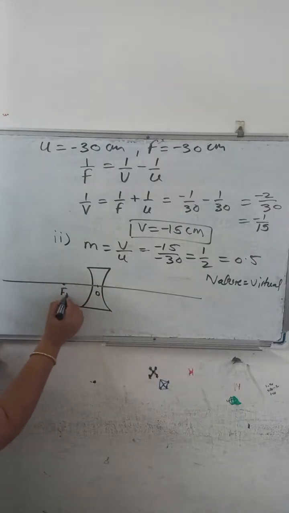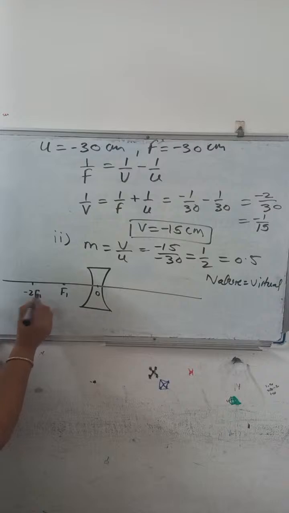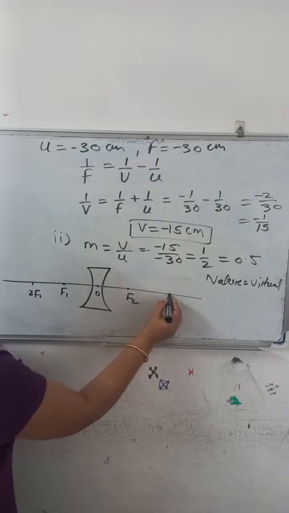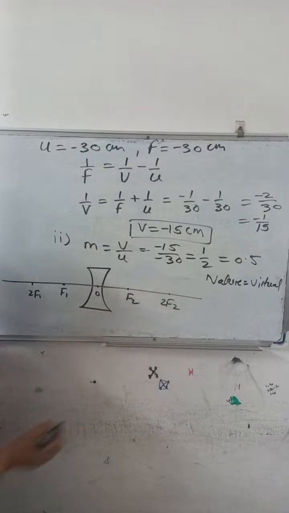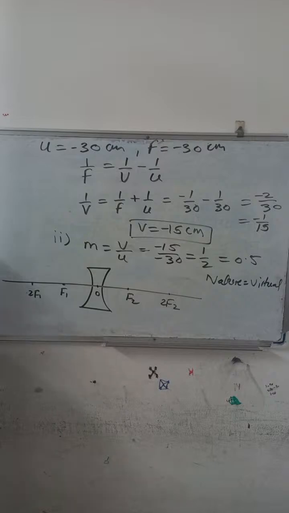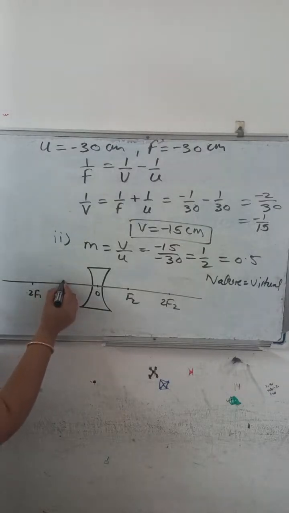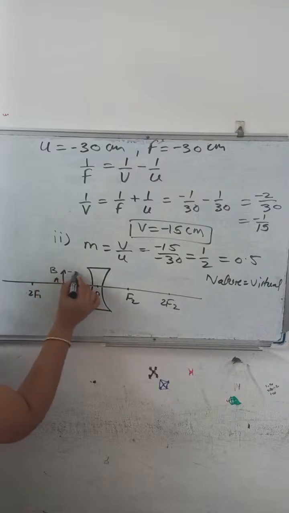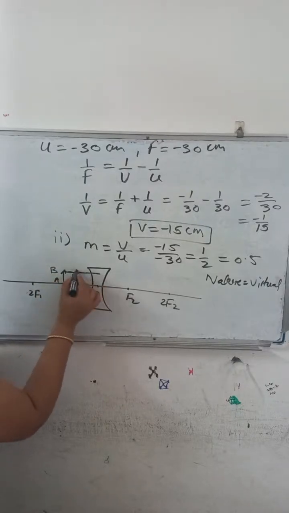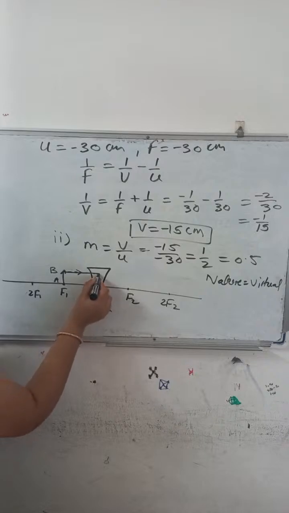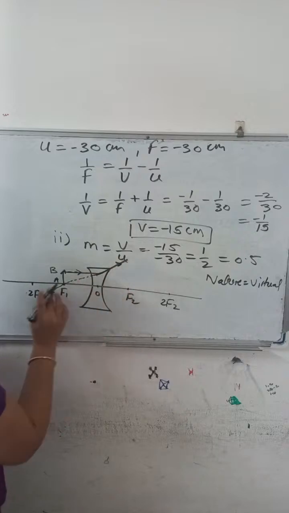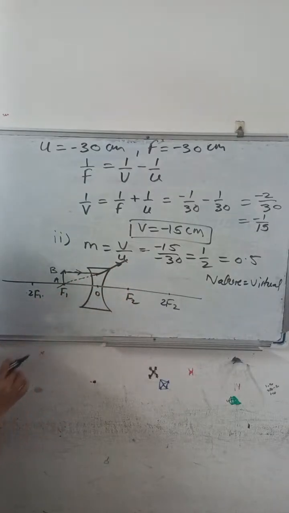This is F1, this is 2F1, this is F2, 2F2. And here on the focus only the object is kept, with points A and B. Initially the ray passes parallel to the principal axis so that it appears to come from the focus, and then it gets refracted. So this is the first ray.